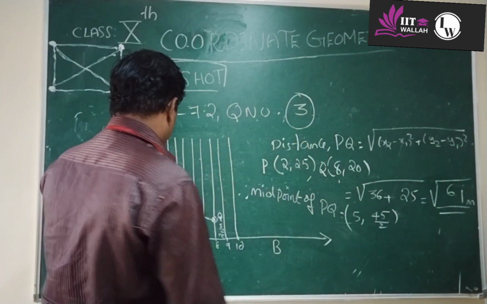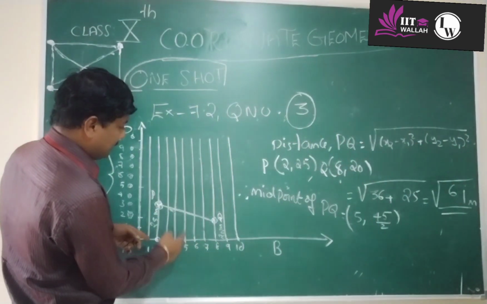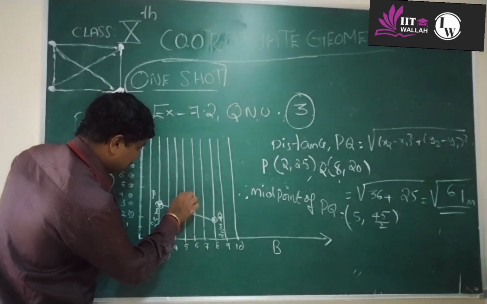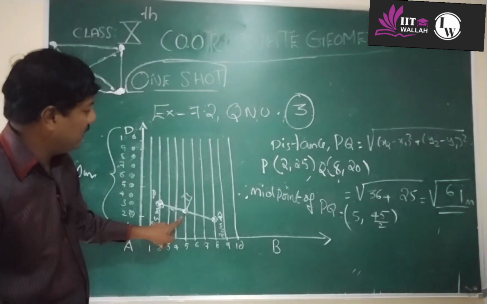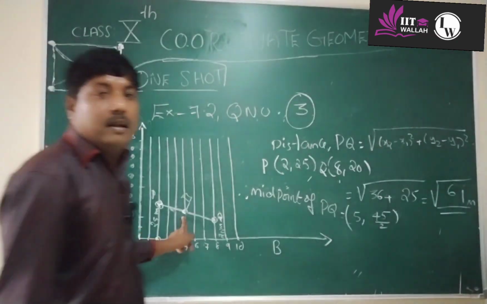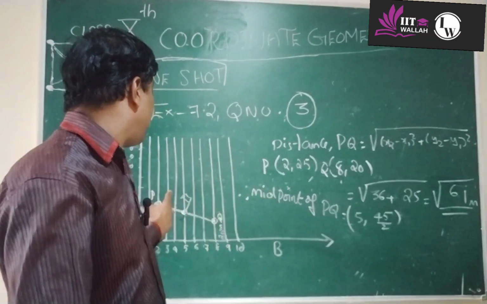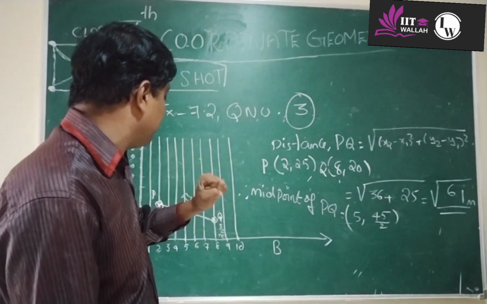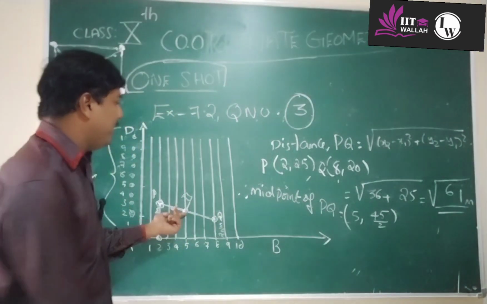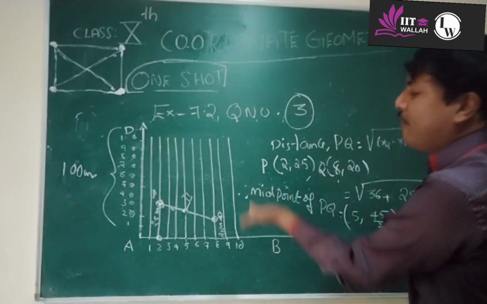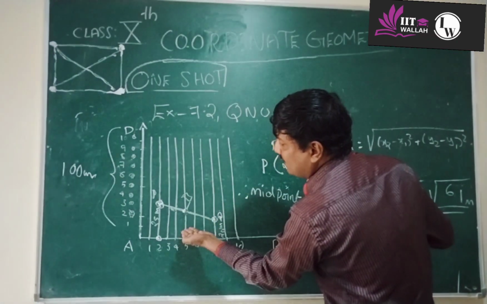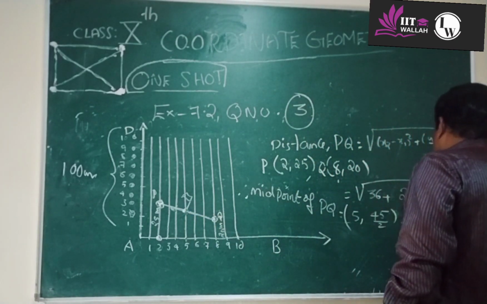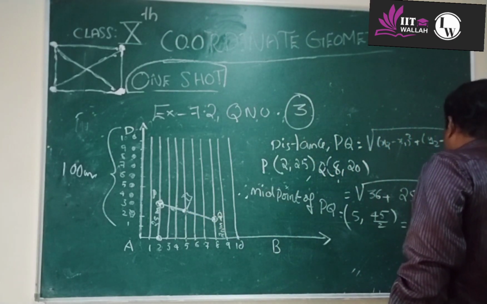45 by 2, we can say that, see, fifth line. It is in the fifth. Here she has to post a flag. If she wanted to post the flag in the midpoint of PQ, she need to post the flag on the fifth line 45 by 2 meters away, because distance to y-axis, y coordinate is 45 by 2. 45 by 2 is nothing but 22.5.